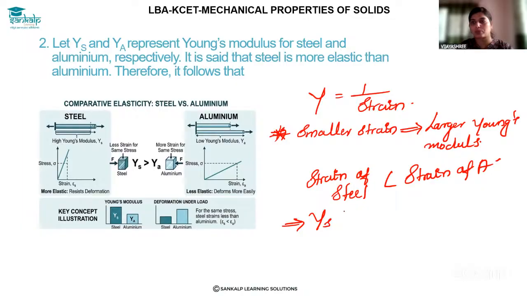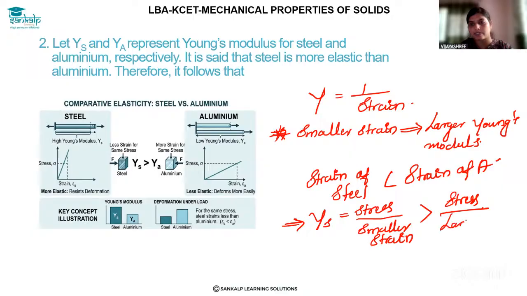Young's modulus of steel is equal to stress divided by smaller strain, which is greater than the same stress divided by larger strain, which is equal to Young's modulus of aluminium.